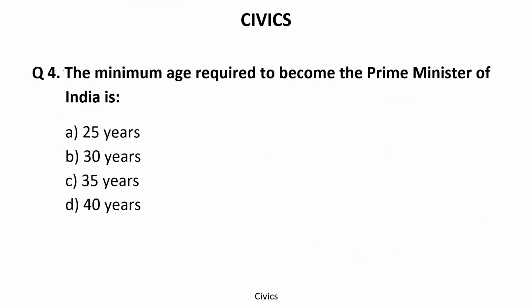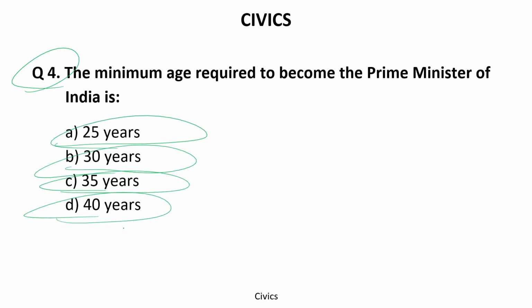Now, fourth question we have: the minimum age required to become the Prime Minister of India is 25 years, 30 years, 35 years, or 40 years. You have 30 seconds to think and answer.